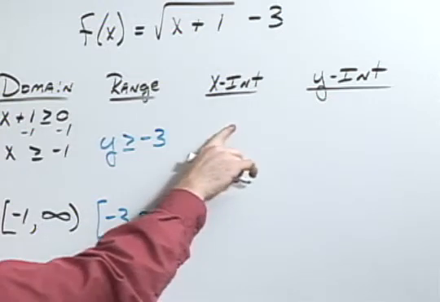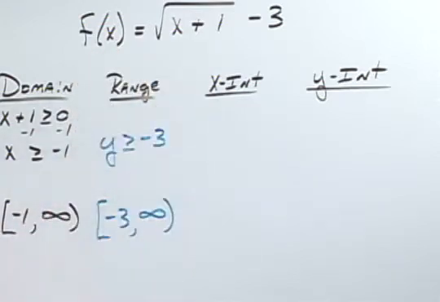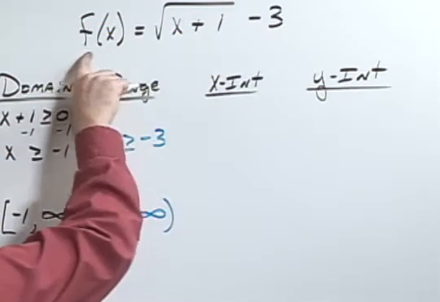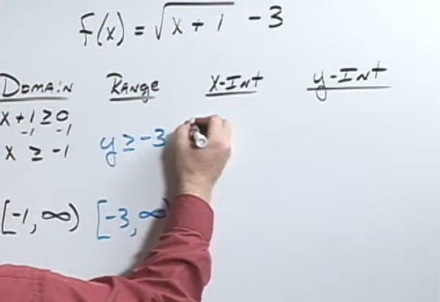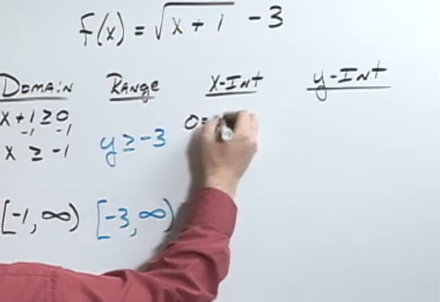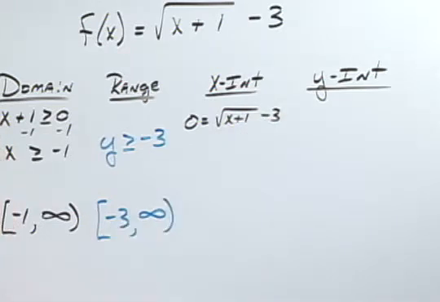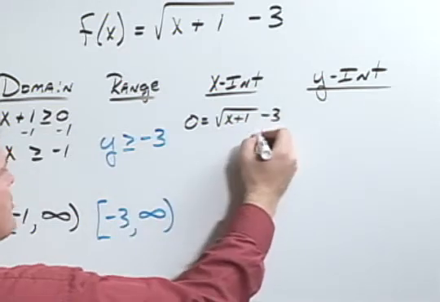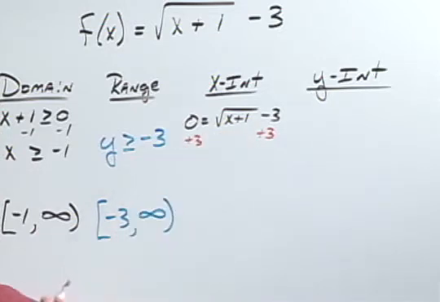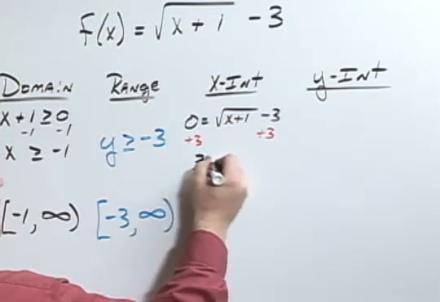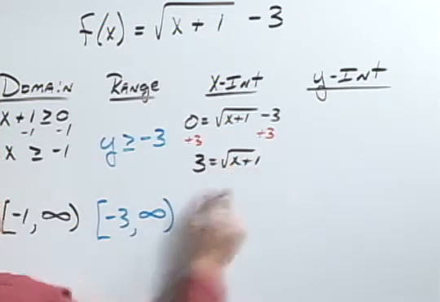In terms of my x-intercepts, I let f of x equal 0. So 0 equals the square root of x plus 1 minus 3. I can add 3 to both sides so that I have 3 equals the square root of x plus 1.